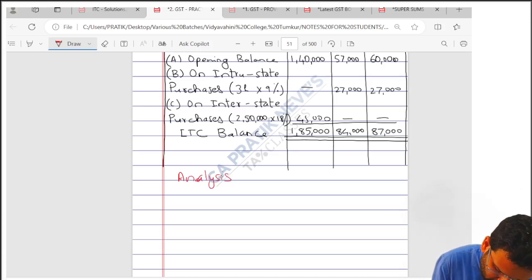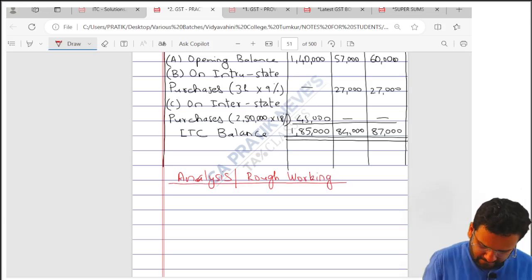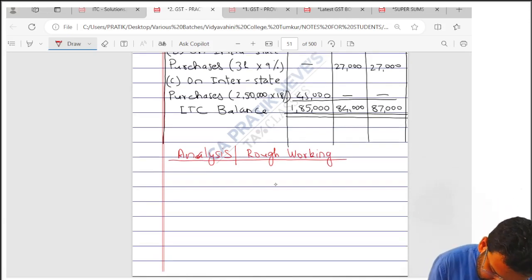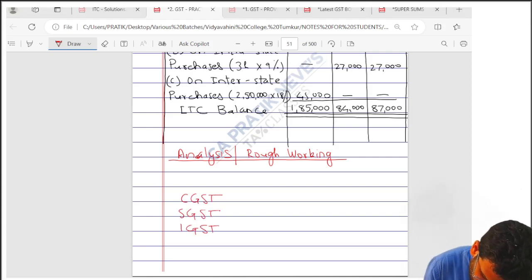I have space here, so I am doing the analysis or rough working here, just for my understanding. CGST, SGST, IGST, output tax and input tax.